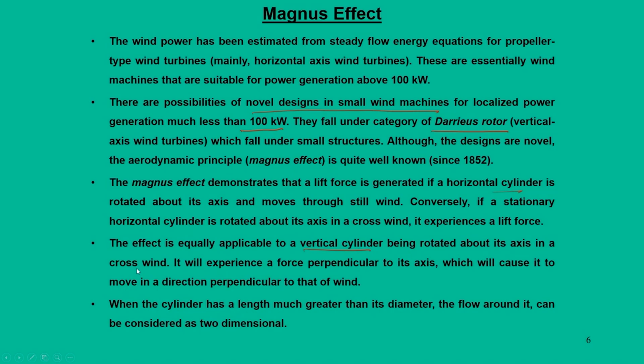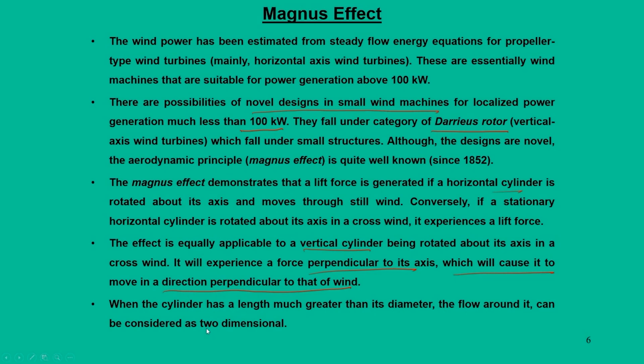It will experience a force perpendicular to its axis, which will cause it to move in the direction perpendicular to the wind. So, we can think of a vertical cylinder placed in a crosswind, and if we are able to generate a lift, then obviously the cylinder will rotate. This is what exactly we want in a vertical axis wind turbine.